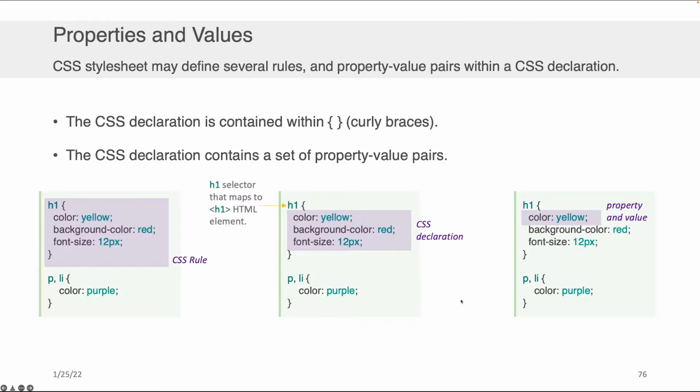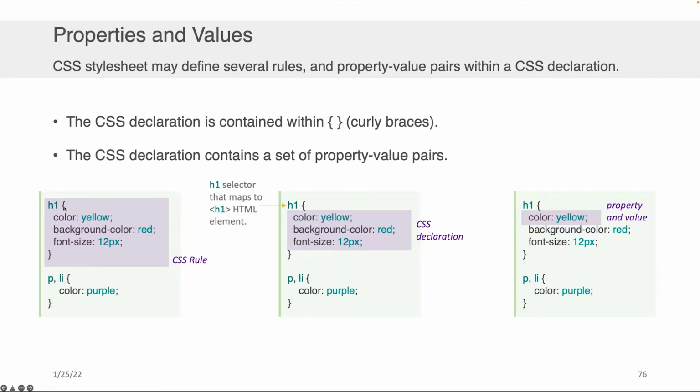So let's speak about properties and values, okay? We already discussed that a CSS declaration is contained within these curly braces. You saw that in some of the previous examples, but formally, just to state it very clearly, for each of the particular elements that you want to attach some style information to, you always open up a curly brace like this and you close a curly brace, and that says that all the properties contained within these curly braces apply to the element outside of and immediately preceding those curly braces, okay?